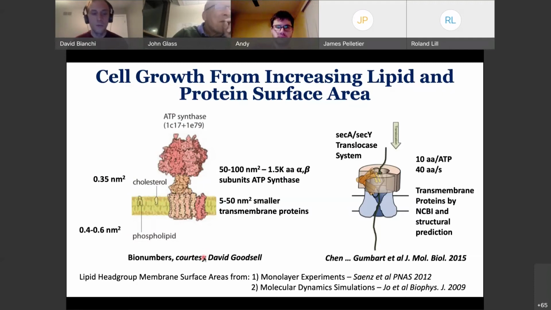In our model, we take measured lipid head group surface areas from monolayer experiments that James Sands conducted, as well as from some MD simulations, and use these to continue growing the surface area of the cell as lipids are produced by our metabolism or taken up, and as different membrane proteins are translated by our gene expression module and then translocated by the SecY system into the membrane.